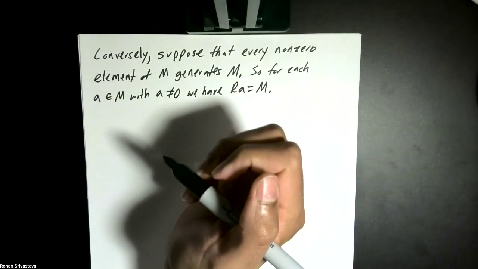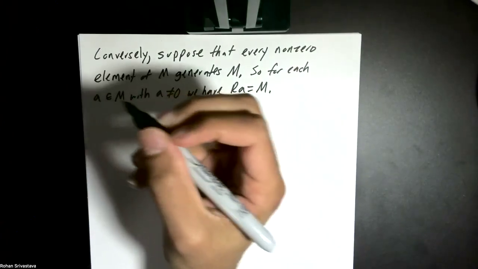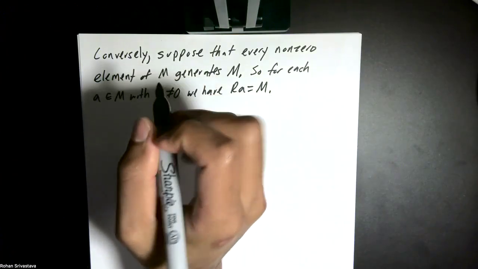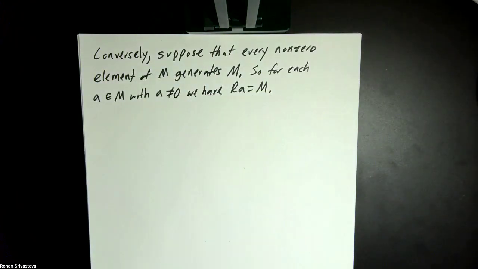Okay, so to show M is irreducible, we have to show that it's not the zero module and that the only submodules are 0 and M. But remember, part of the hypothesis of the problem was that M is a non-zero R module.